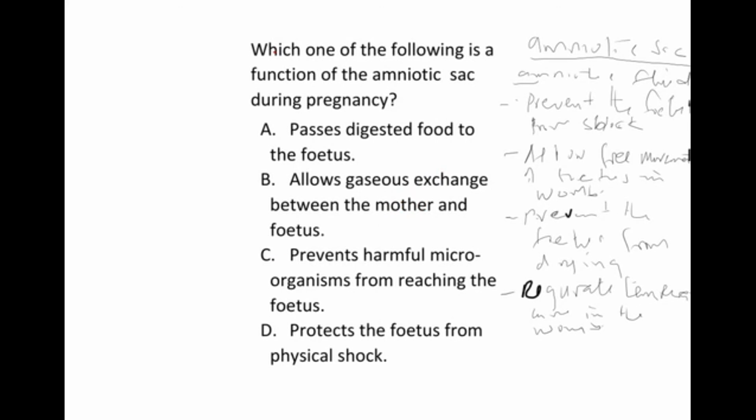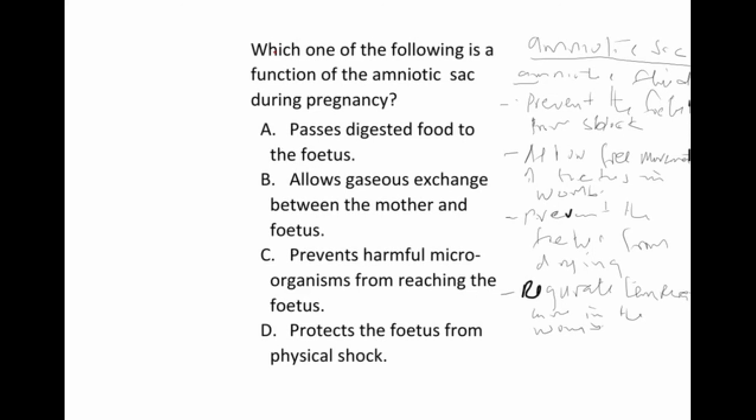Prevents harmful microorganisms from reaching the fetus. The same thing, the placenta is the one that prevents the passage of these harmful microorganisms that may cause diseases to the fetus from reaching it. Then we have D, protect the fetus from physical shock.